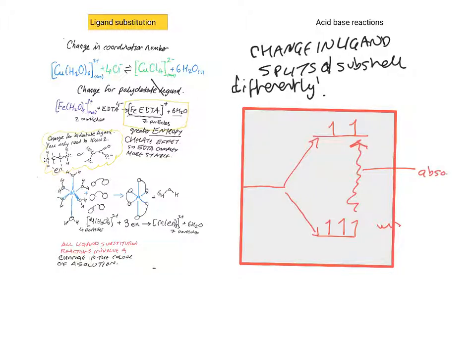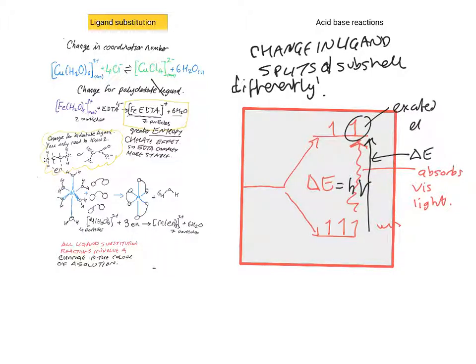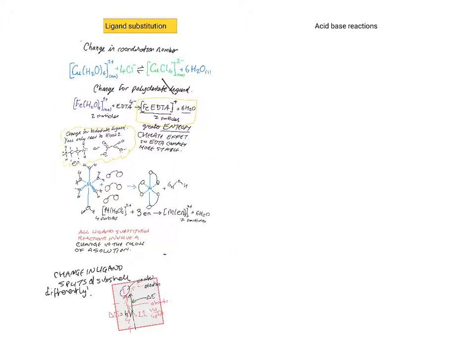The difference in energy is equal to Planck's constant h times the frequency of the visible light that's being absorbed. Any light that is not absorbed is reflected, and that is the colour that you perceive the solution to be. So it's an excited d electron.